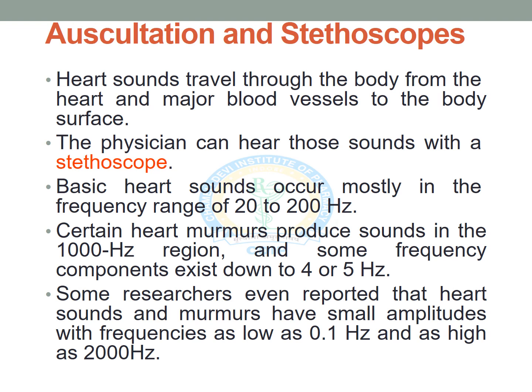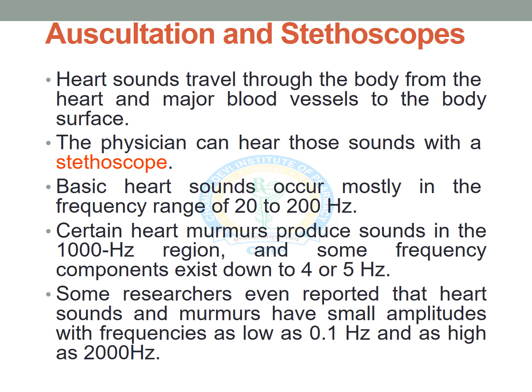Then oscillations and stethoscopes. Heart sounds travel through the body from the heart and the major blood vessels to the body surface, and these sounds can be heard easily with the help of a stethoscope. Basic heart sounds occur mostly in the frequency range of 20 to 200 hertz, and certain heart murmurs produce sound in the 1000 hertz region, and some frequency components exist down to 4 or 5 hertz.